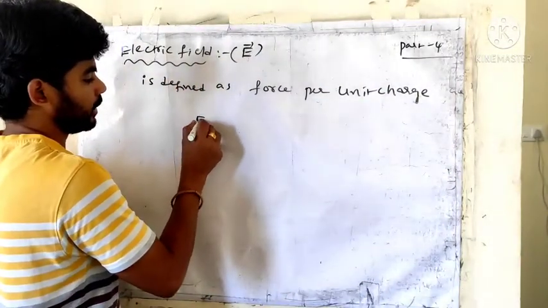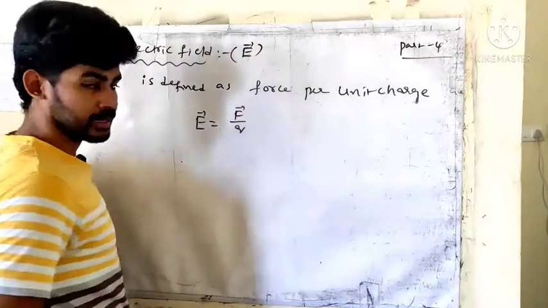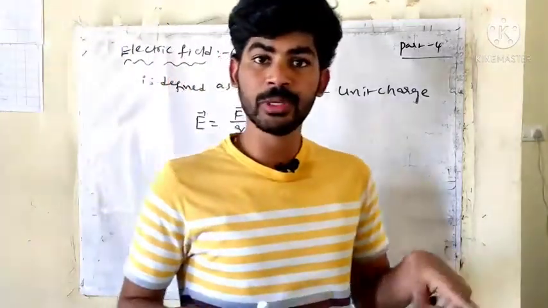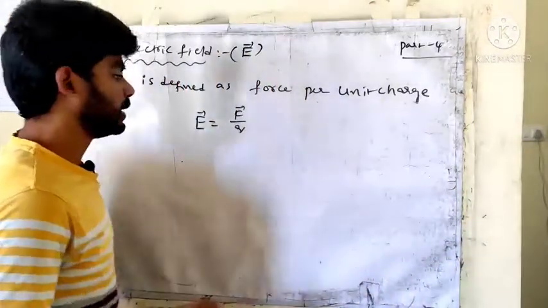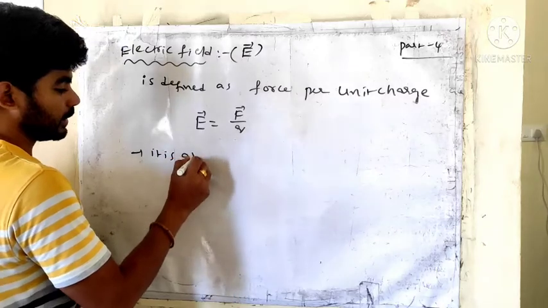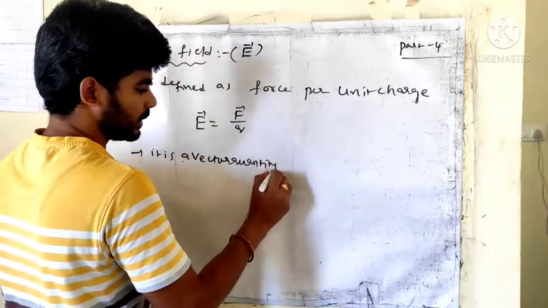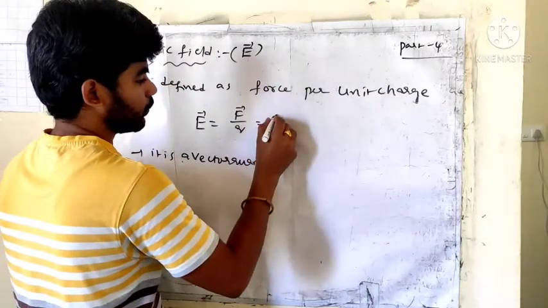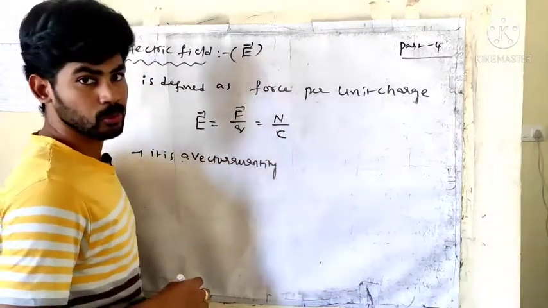Electric field E is equal to the electrostatic force per unit charge. Electric field is a vector quantity because it has both magnitude and direction. The SI unit: force is in newtons and charge in coulombs, so the unit is newton per coulomb.